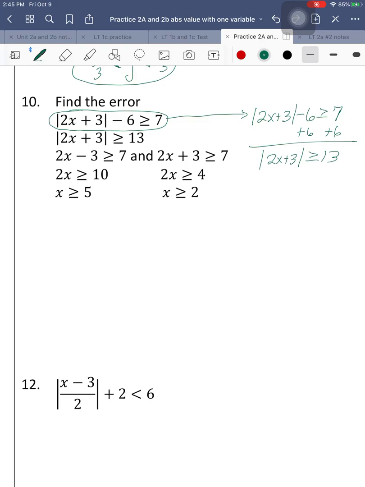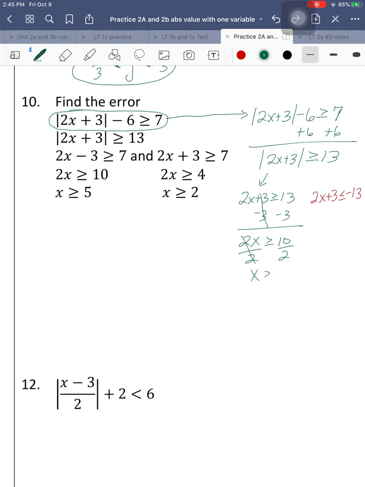The absolute value is isolated, and the right side is a positive 13, so we can move on. We have 2x plus 3 is greater than or equal to 13, and we have 2x plus 3 switched inequality, and it'll become a negative 13. Solve each problem. I have not looked at the actual problem to this, so I don't know if we've already come up with the error or not, but I'm going to keep, what did I just do?